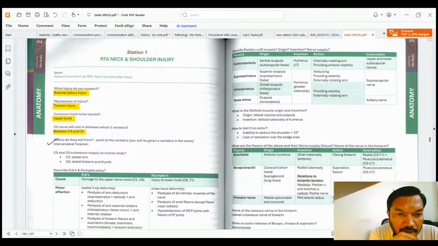You will be given a vertebra in the exam, so point at it. C5 and C6 cutaneous supply: C5 on the lateral arm, C6 on the lateral forearm and the thumb.